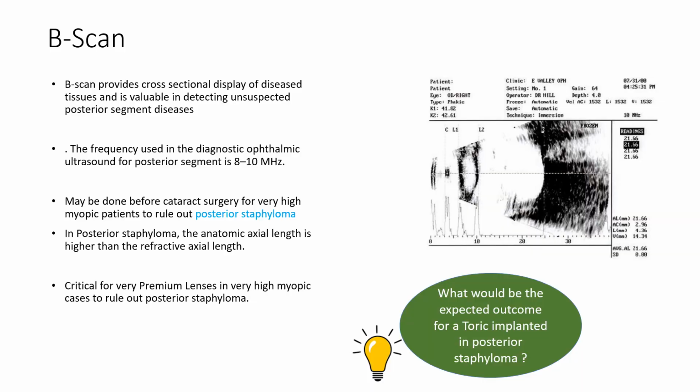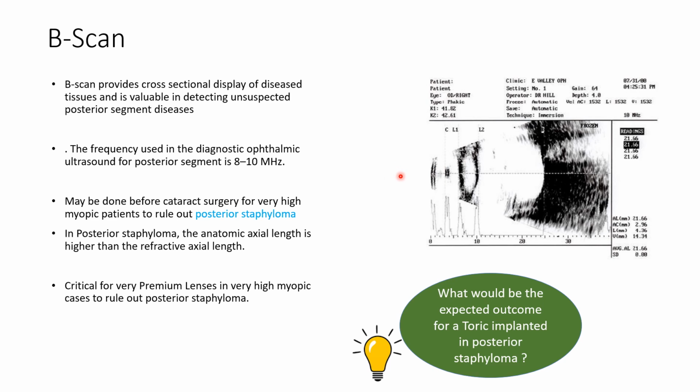One option for such patients could be the B-scan. B-scan provides a cross-sectional display of diseased tissues and is valuable in detecting unsuspected posterior segment diseases. The frequency used in diagnostic ophthalmic ultrasound for the posterior segment is around 8 to 10 megahertz.